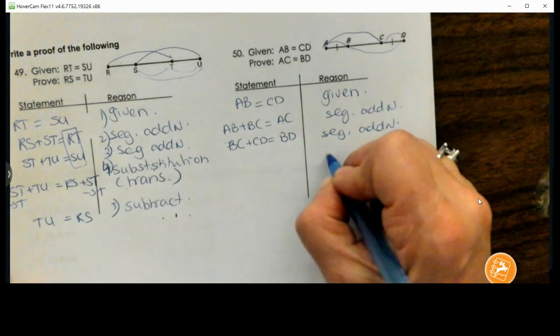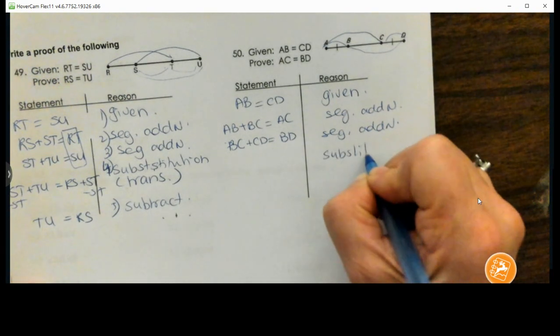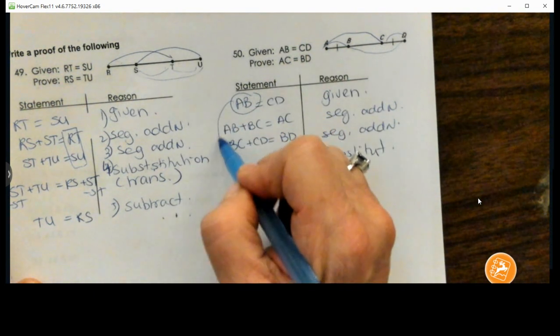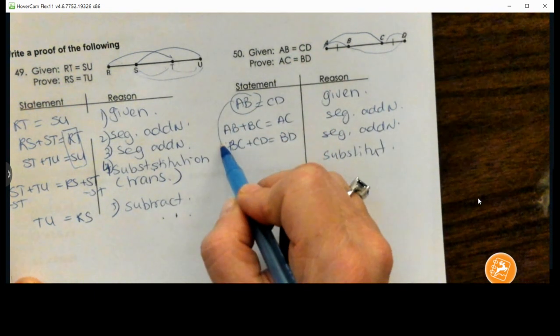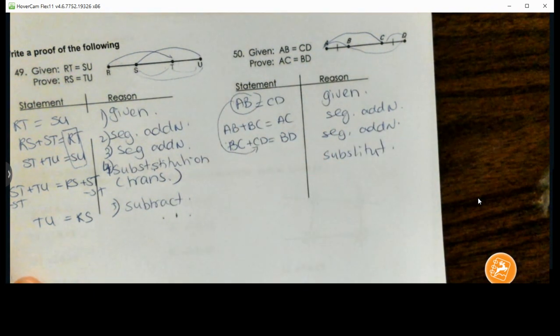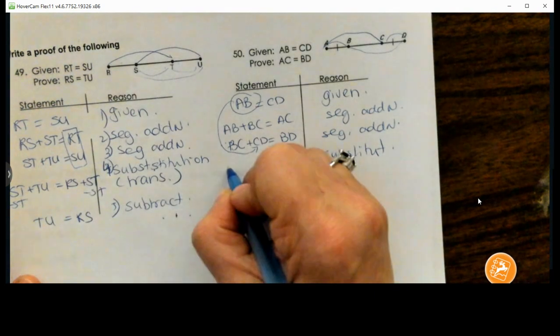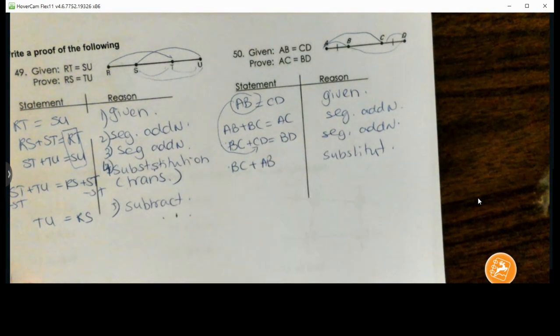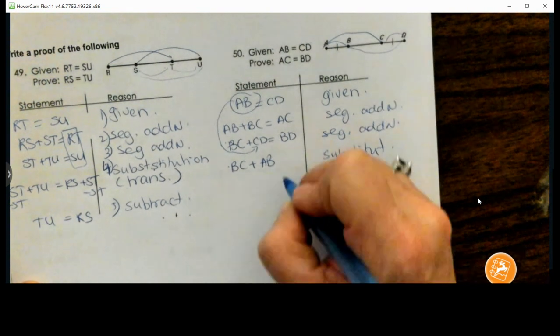And now we're going to do substitution. We're going to take AB and bring it into CD over here. So we have BC plus AB is equal to BD.